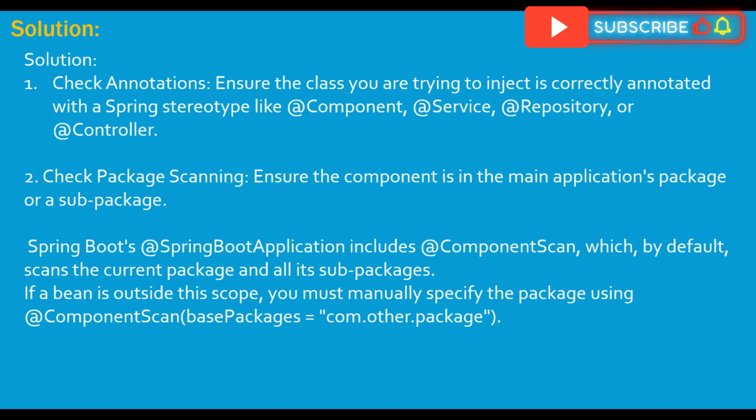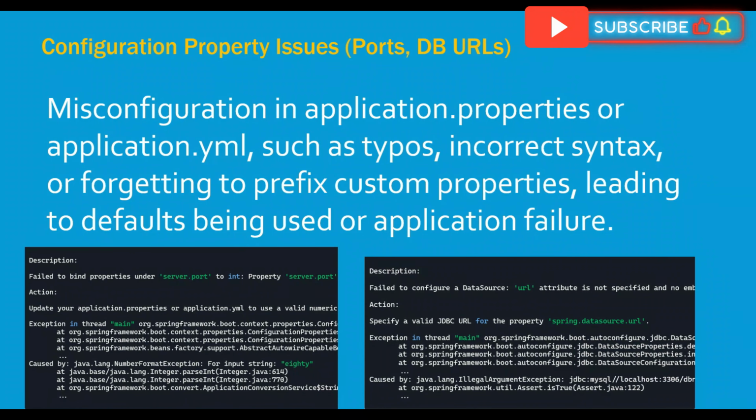I hope you have faced this problem as a newcomer and were not able to understand what the problem was. So let's jump into the second thing, the configuration property issue. You have some ports and some URL configurations that are defined.